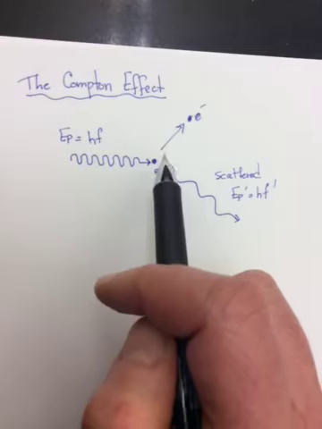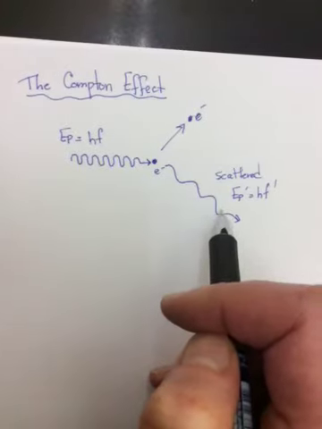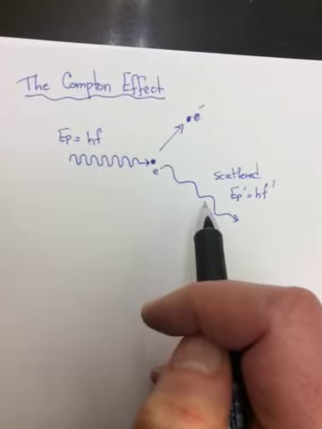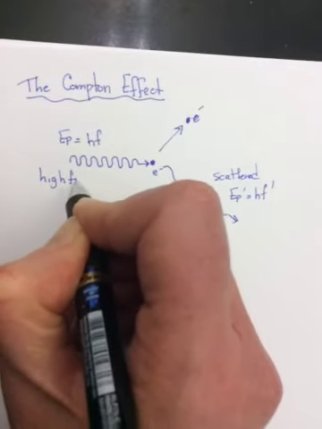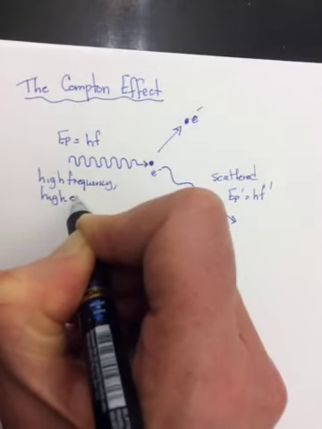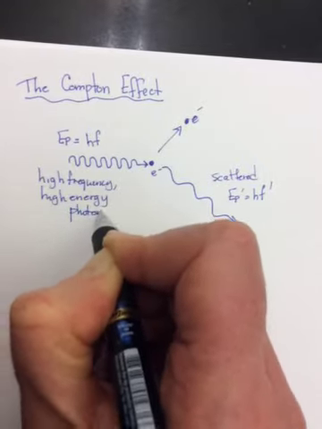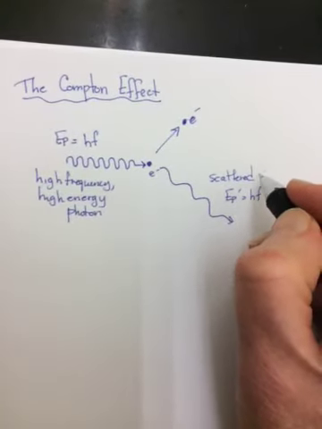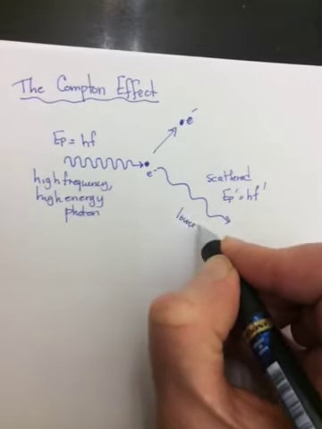They strike a surface, electrons are ejected, and the leftover energy is scattered or released as lower frequency, lower energy photons.